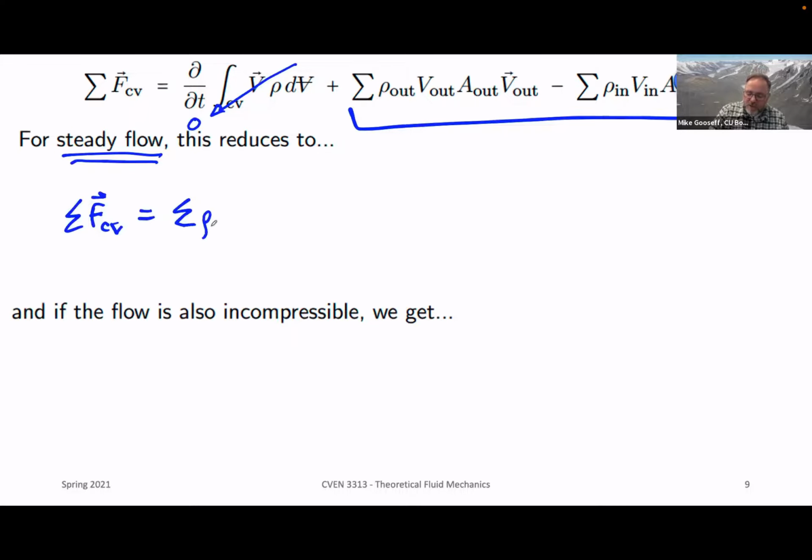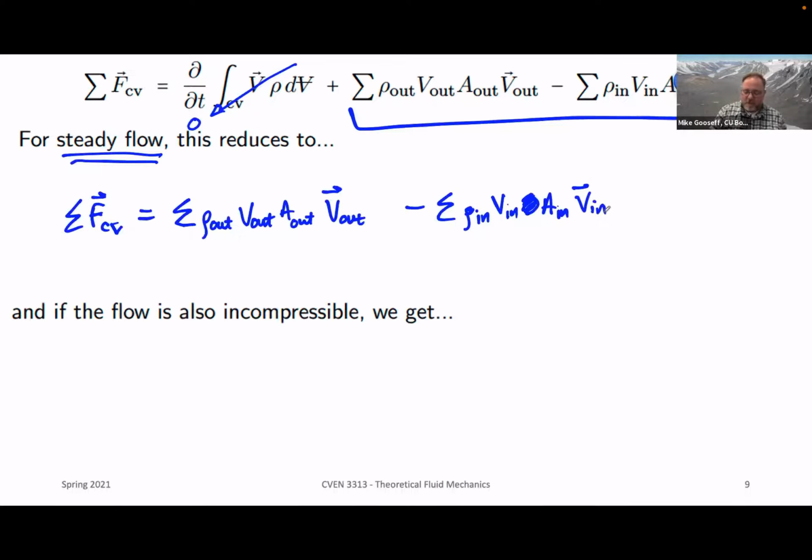So the sum of the outflowing momentum flows, rho out, v out, A out, times the velocity vector at the same location, minus the sum of rho in, v in, A in, times the velocity vector at the same inflow, okay?